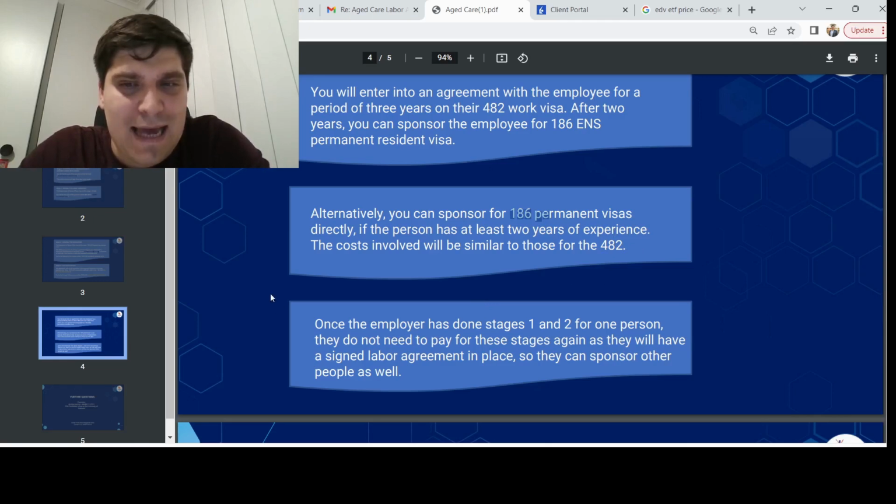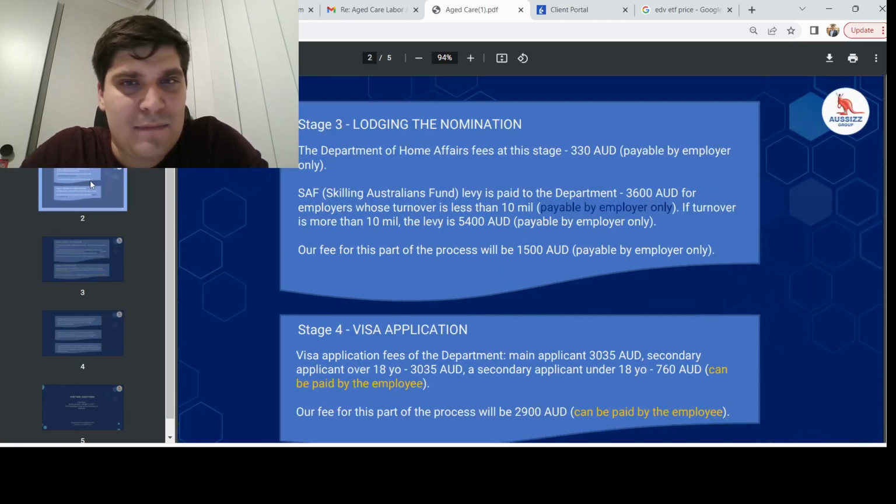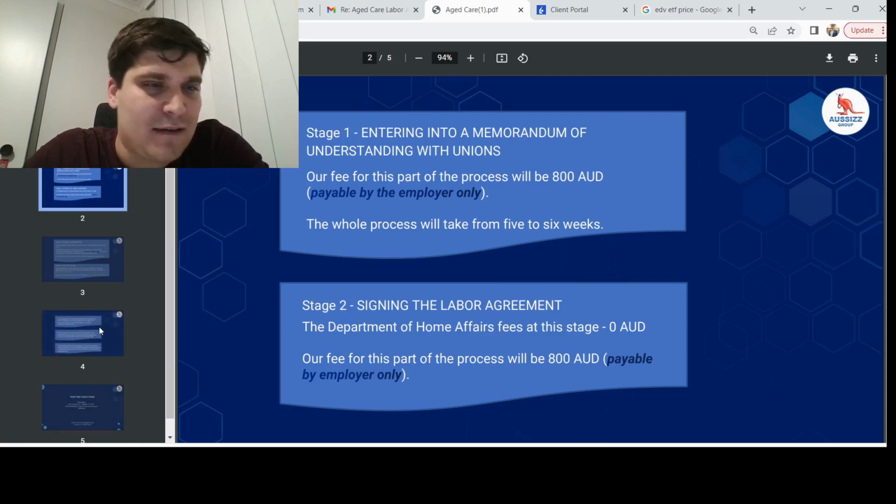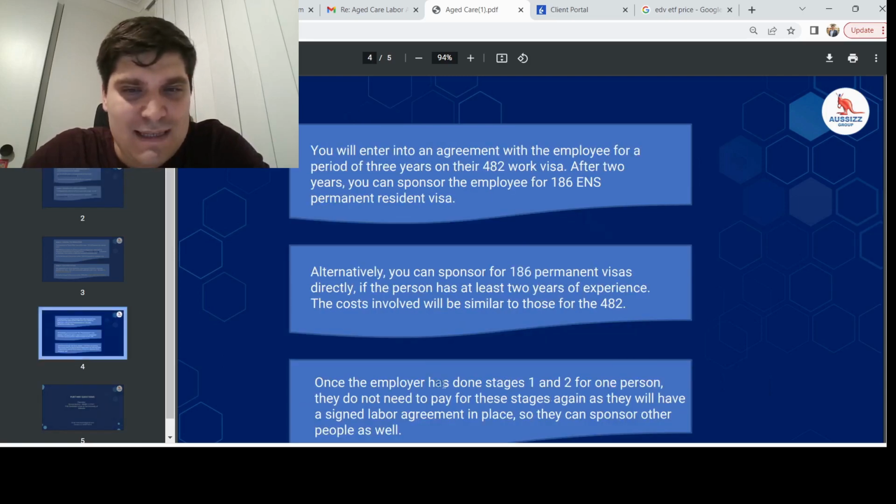Once the employer has done these stages, entering the memorandum of understanding with the unions and signing the labor agreement, they can do it for more than one staff member. They can do it for multiple people. So once these stages are done, they don't need to pay us as agents for these stages again, as you will already have the signed labor agreement in place.